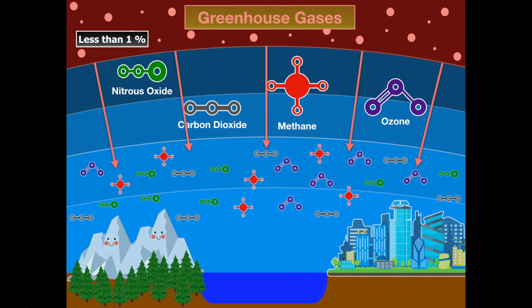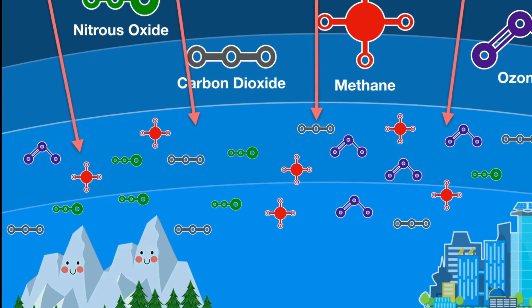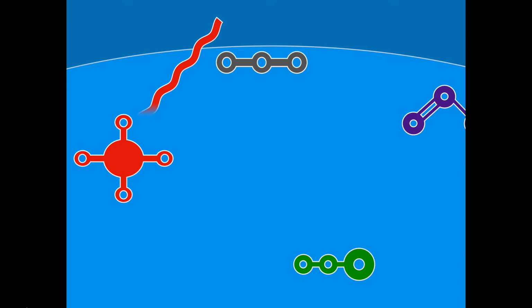Now, the sun is going to allow for electromagnetic radiation and sunlight to penetrate through our atmosphere. And what this is going to do is interact with these greenhouse gases. Now, what ends up happening is when electromagnetic radiation comes in contact with these greenhouse gases, it's going to excite them and cause them to be reflected back and forth amongst each of the gas molecules.